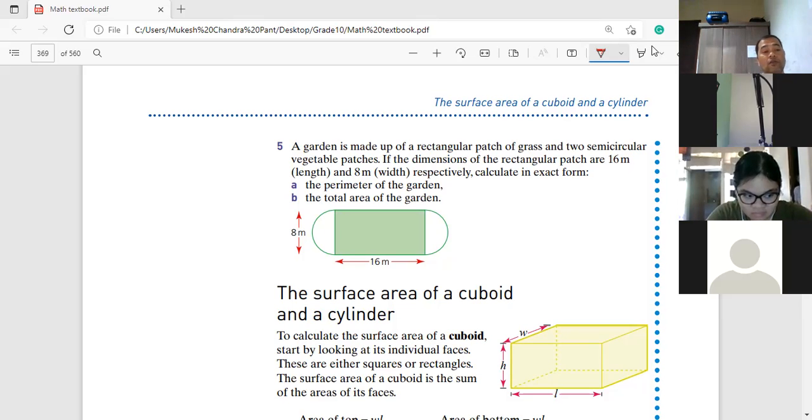When we talk about the perimeter, perimeter means this length plus this length and the circumference. I'm going to make it red.